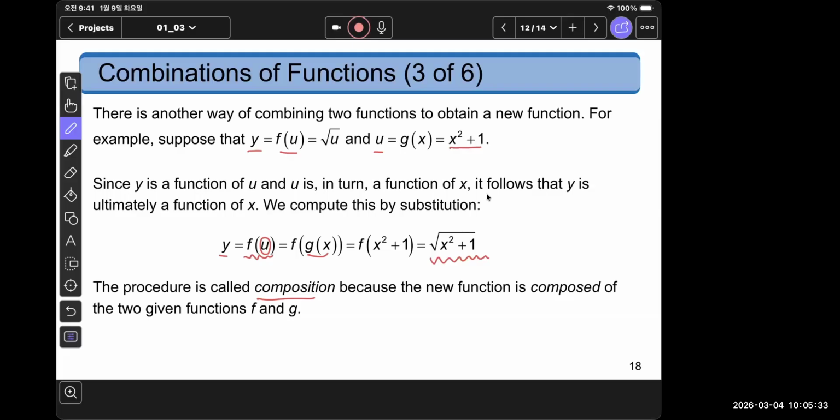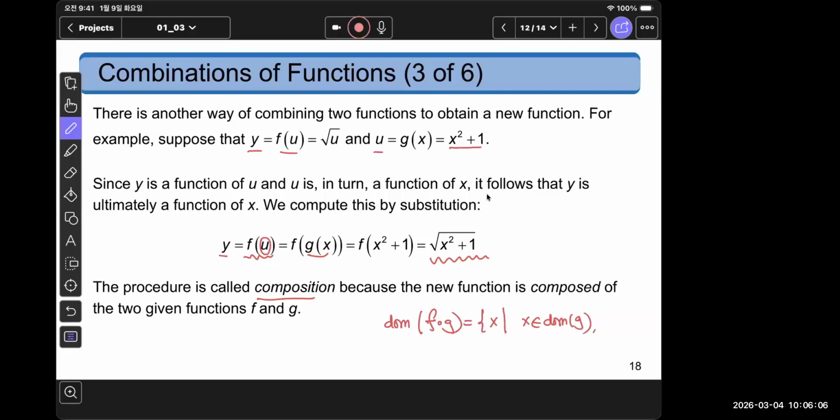Well, first of all, the composition of two functions is denoted by f circle g. This denotes the composition of f and g, and its domain is the collection of all the x values in the domain of g so that g of x can be well defined.